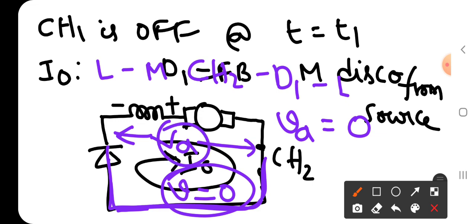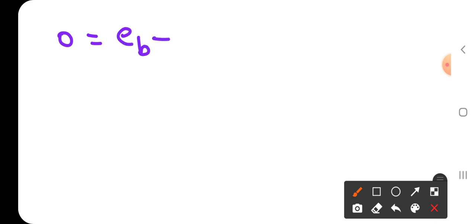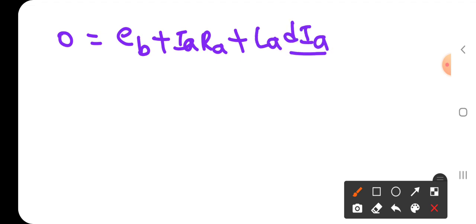So hence I can write the equation for VA as 0 is equal to EB plus IARA plus LA DIA by DT. Yeah, this is how we have the equation.